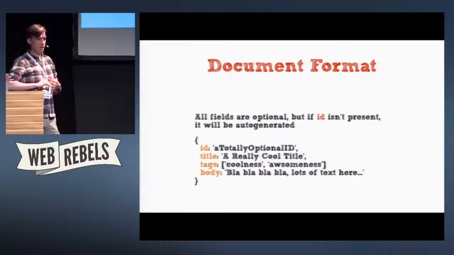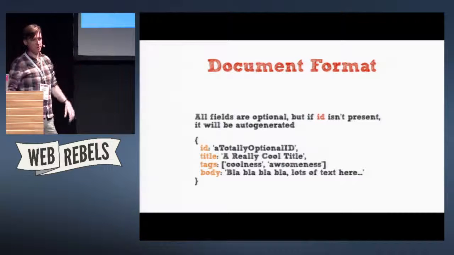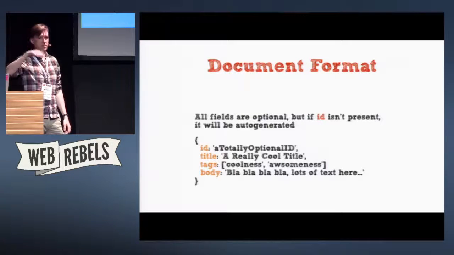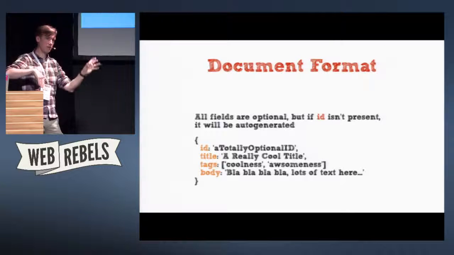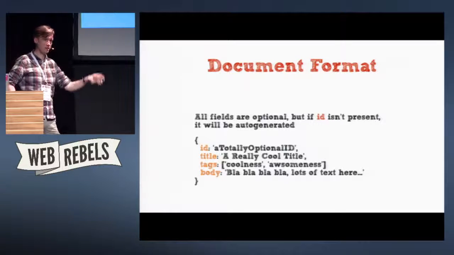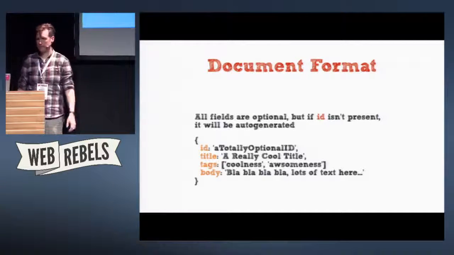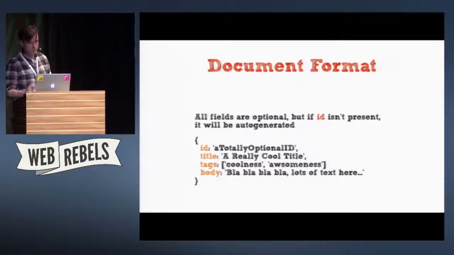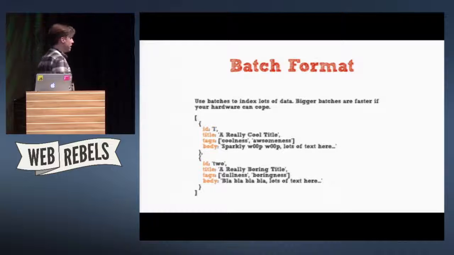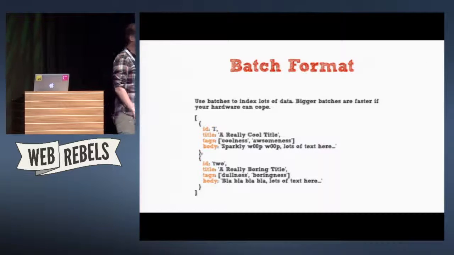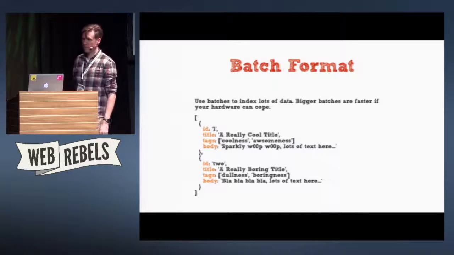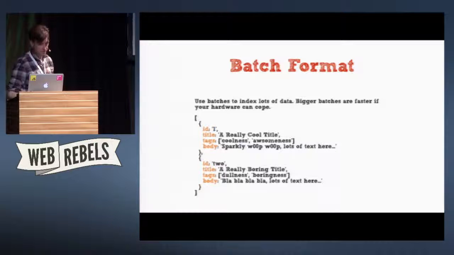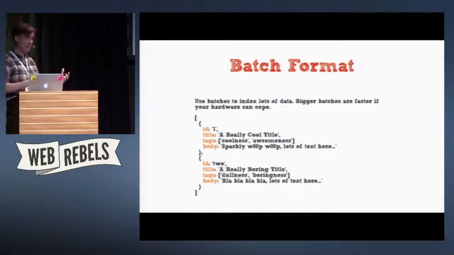This is like when you search for a house on Fin.no, and you've got all the stuff in the left-hand column, which is all the metadata. There's also a batch format, which is just an array of objects. So it's really easy. There's no magic. You just make an array, and you can index objects one at a time, or you can index an array of objects, and that will work.